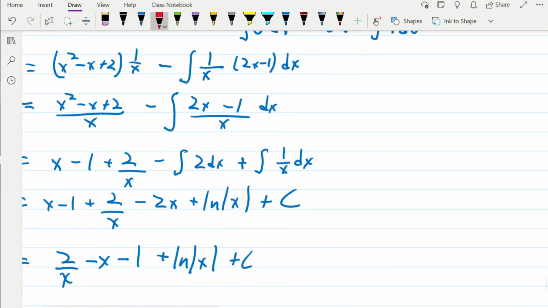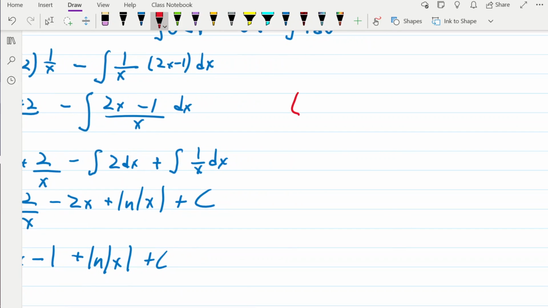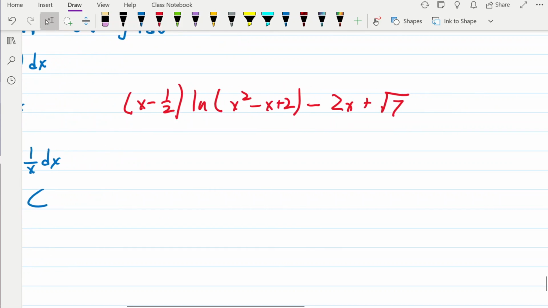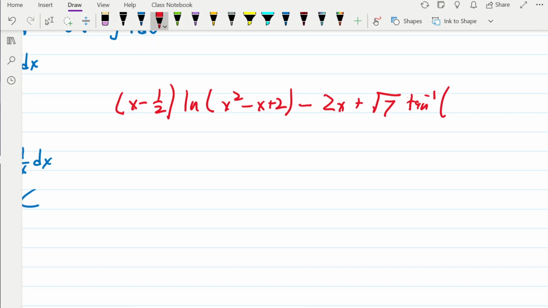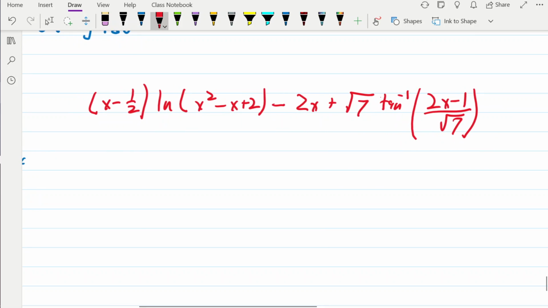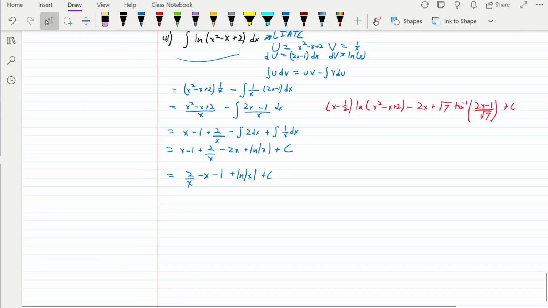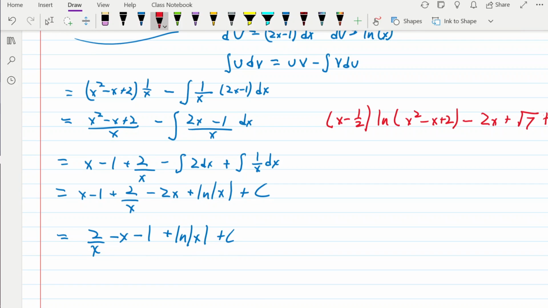Because their answer was x minus 1/2 times ln of x squared minus x plus 2 minus 2x plus the square root of 7 tangent inverse of 2x minus 1 over root 7 plus c, which is very different than this.